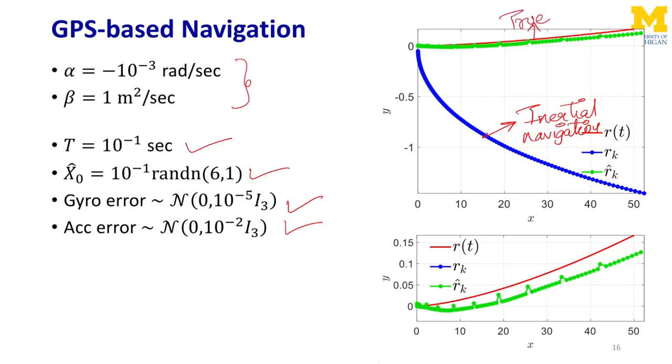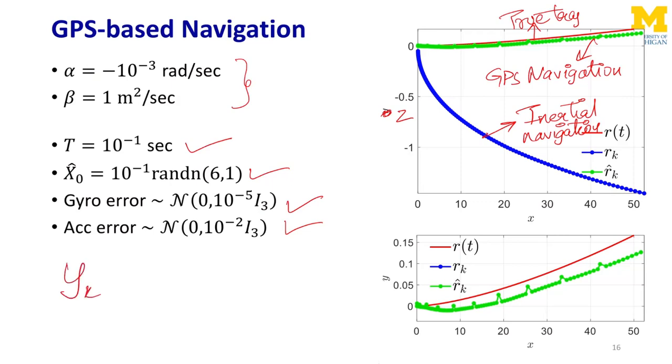And now, so the red shows the true trajectory. Again, these are supposed to say Z. And this green guy is what is produced by the GPS navigation. So what's happening here is that the GPS values are available. Oh yeah, I didn't say. So I'm assuming that GPS is available every, I think 6 or 7 seconds. I will have to check. No, GPS is available every 1 second.